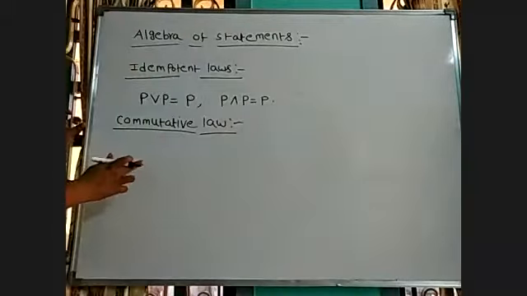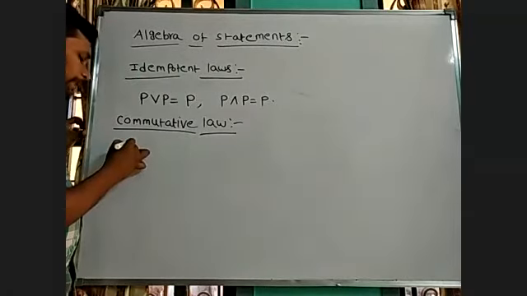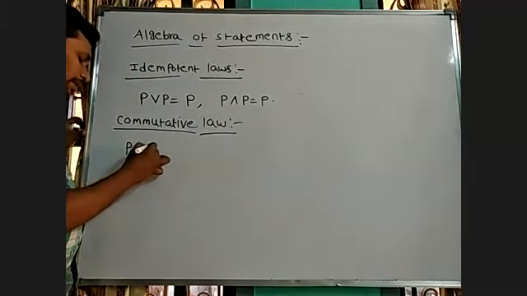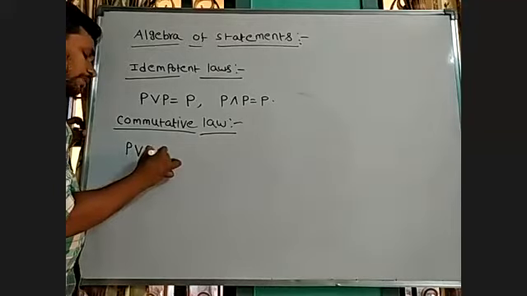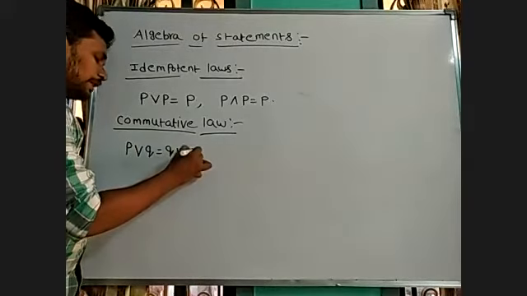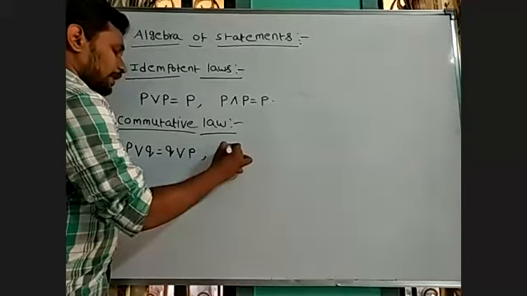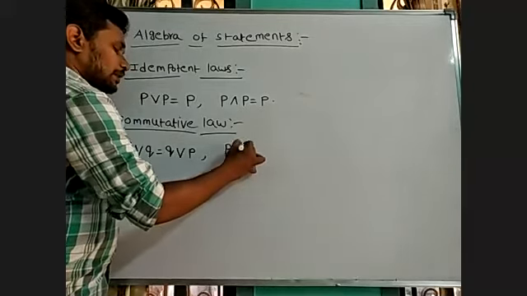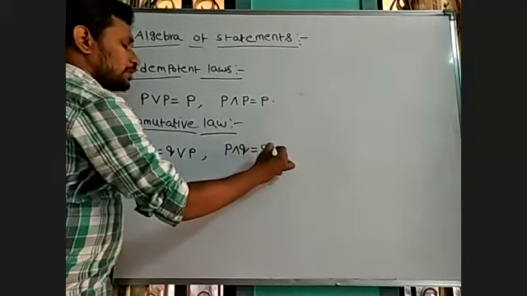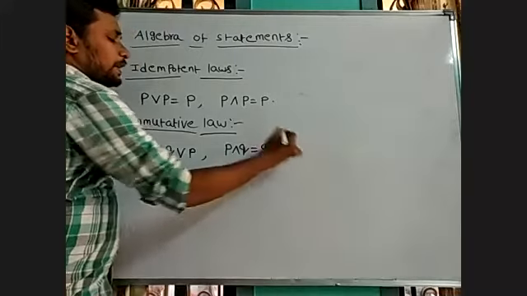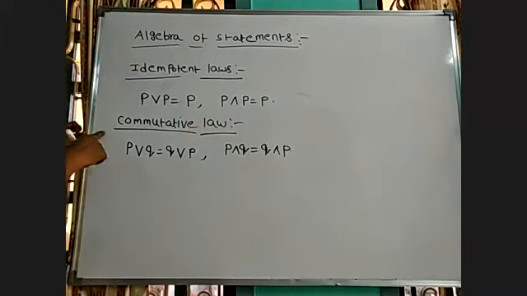P or Q is equal to Q or P, comma, next one is P and Q equals Q and P. Okay, Q and P. Next, first write these both.